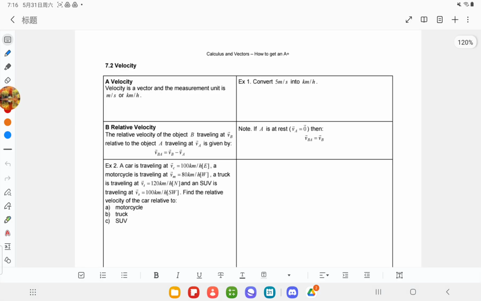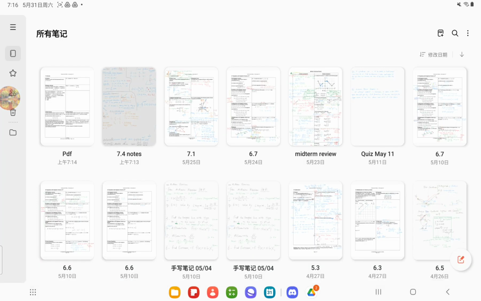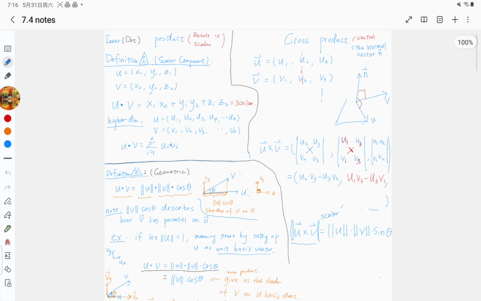All right. So last time we, first we can review a little bit from last time. Although I think the content could be a little bit dense, this is a higher level overview of inner or dot product and cross product.